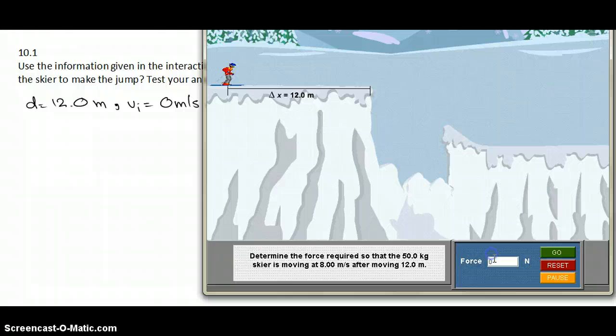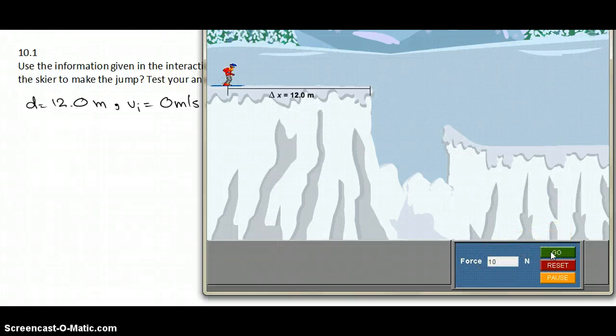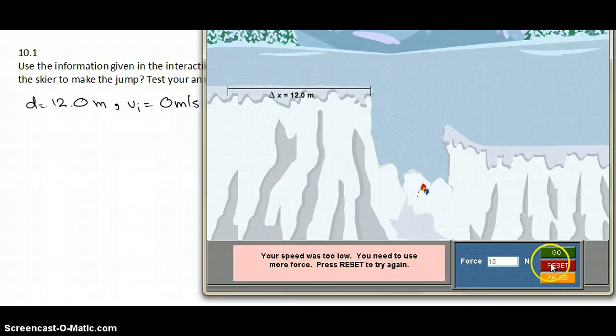So let's say I decide to put a force of 10 newtons. Oh, looks too little. And the skier will fly and fall.